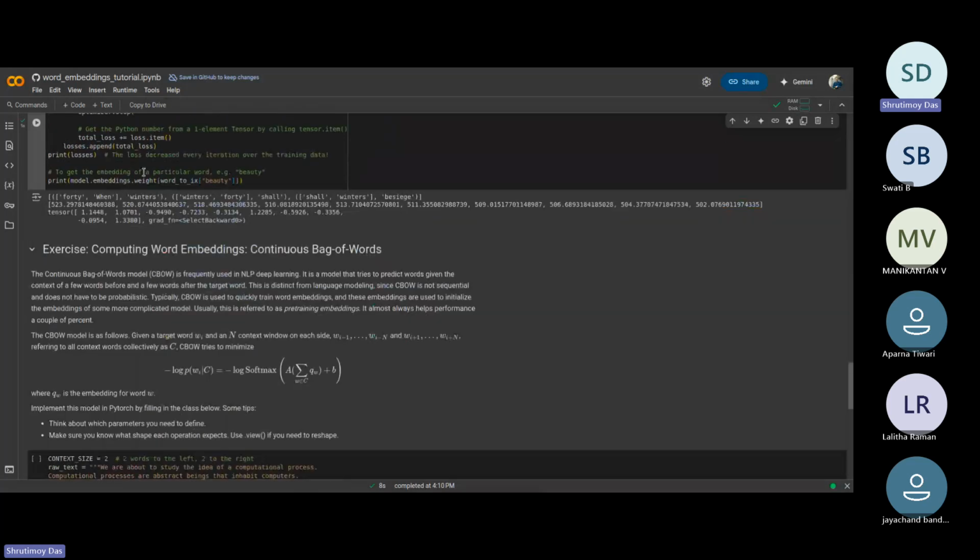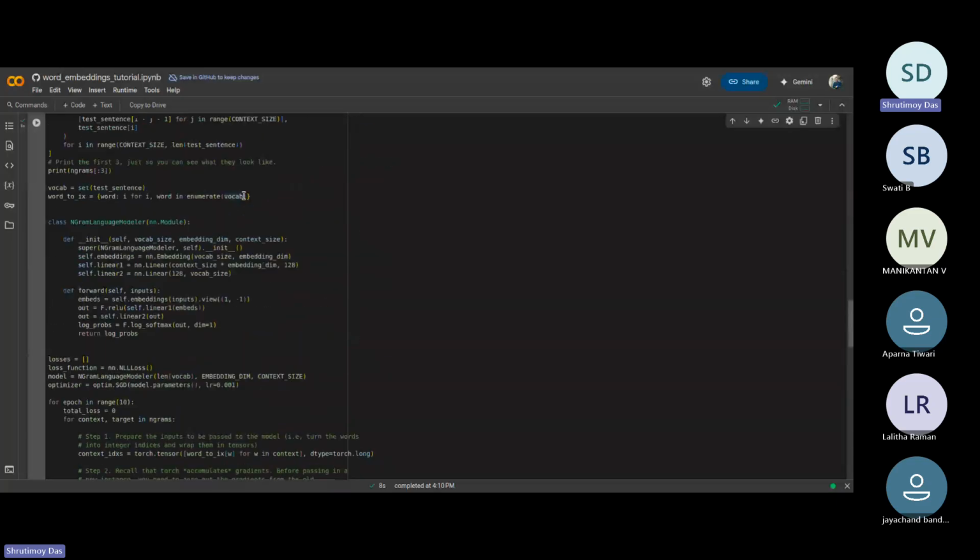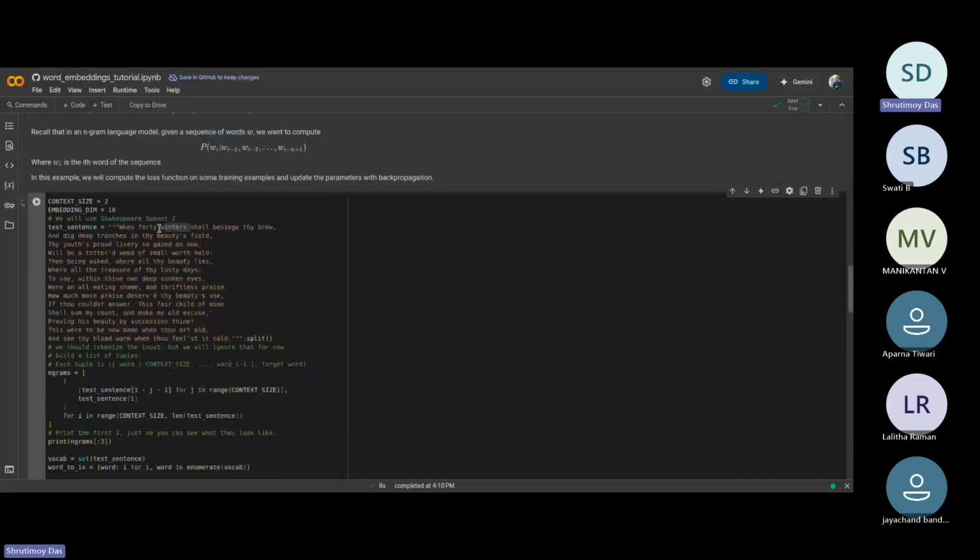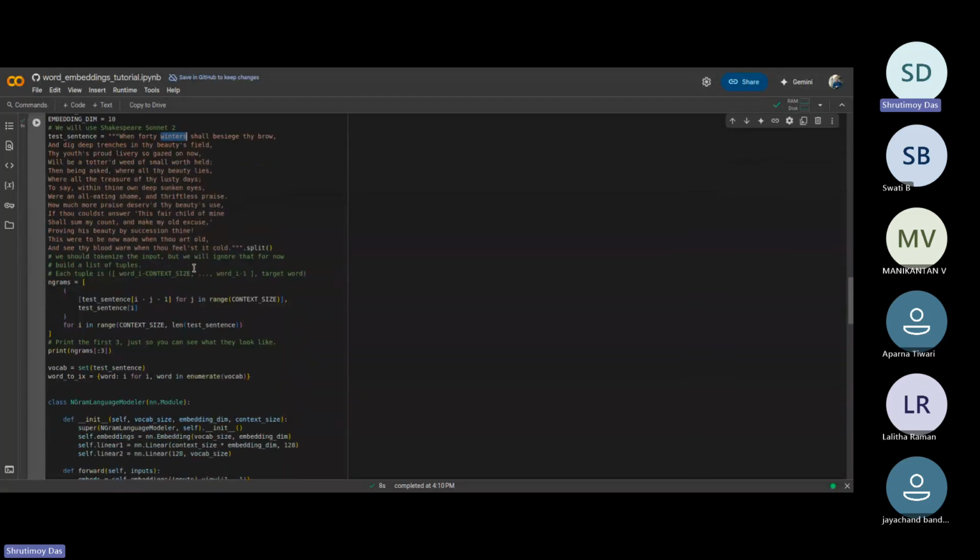So you are given this word, winters, and you're looking at the previous 2 words, right? Or you're looking at the word shell and you're looking at the previous two words as context. Context means, suppose your machine sees the words for and winters, what should be the next word? Shell should be the next word. So that is what we mean by context.